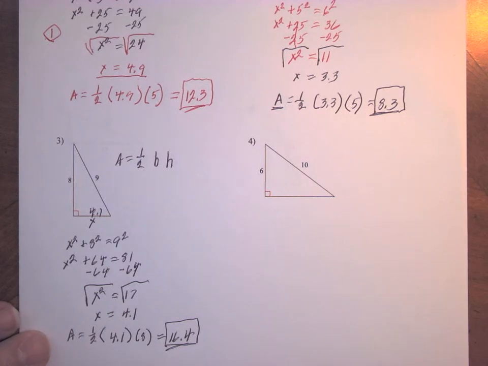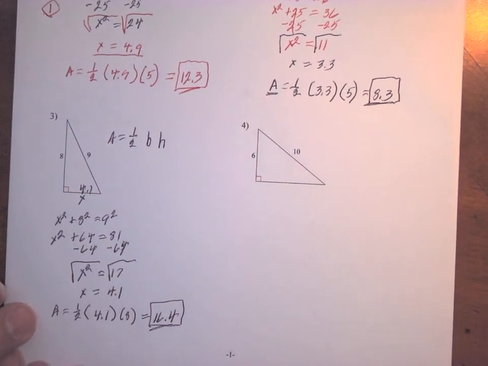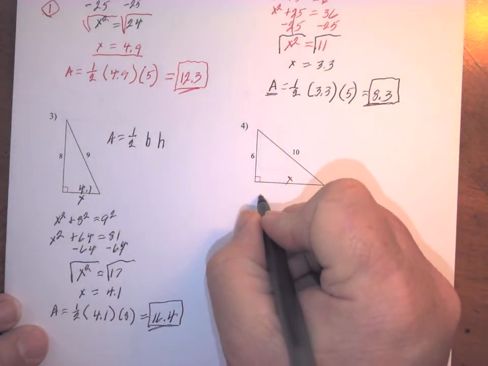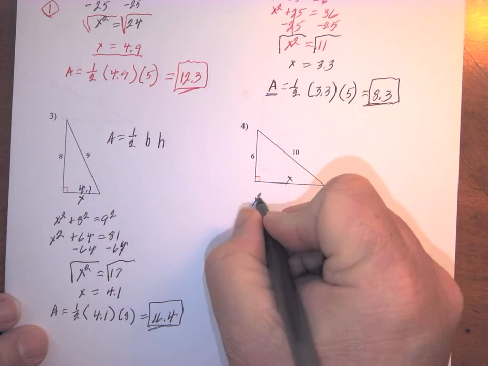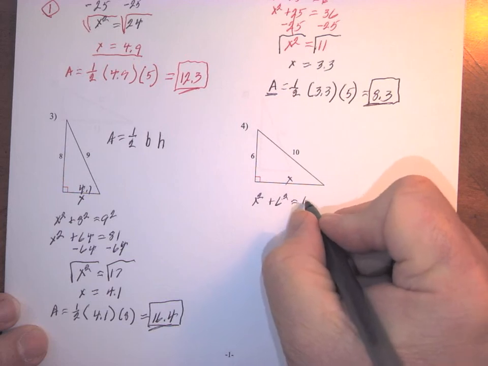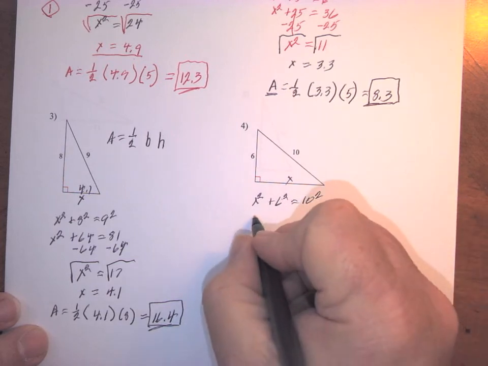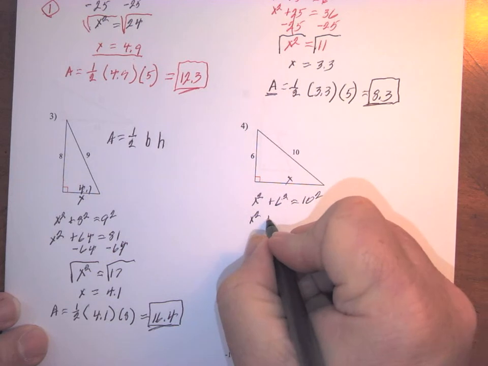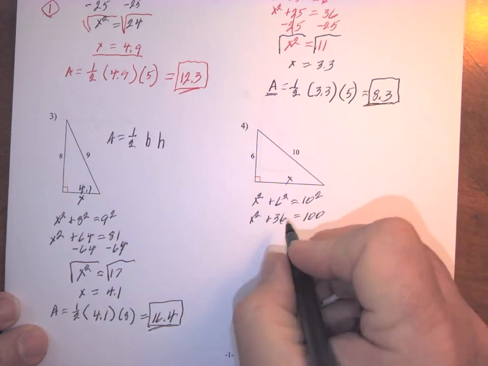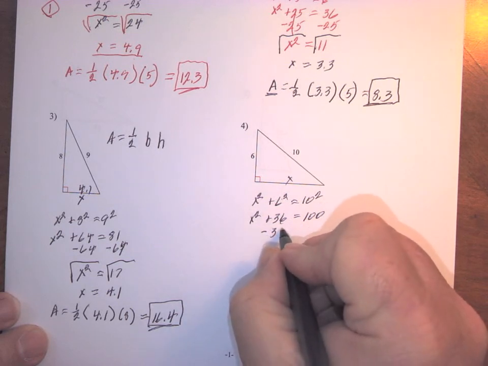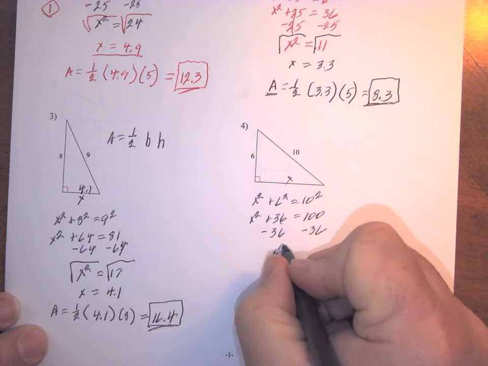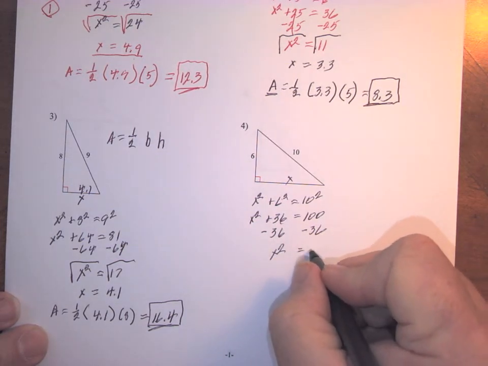Well, the last one is the same thing. We're looking for x. So we know that x squared plus 6 squared is equal to 10 squared. That means x squared plus 36 is equal to 100. We subtract 36 from each side, and we end up with x squared is equal to 64.